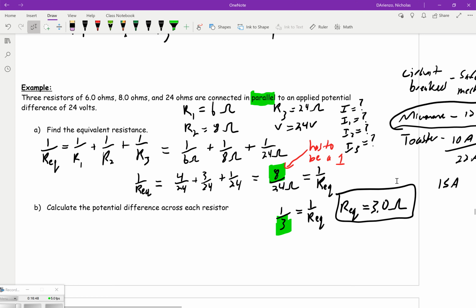Now that equivalent resistance is less than the resistor in any branch. So the total resistance of the circuit is less than the 6, 8, or 24 ohms of any of those branches. And the more branches we add, the lower that equivalent resistance becomes.